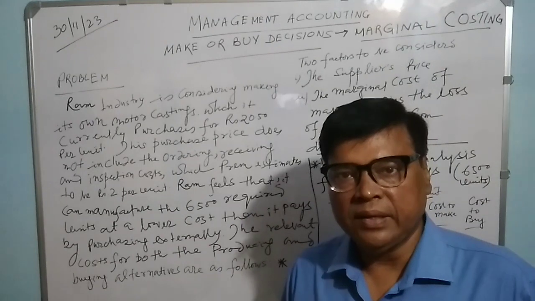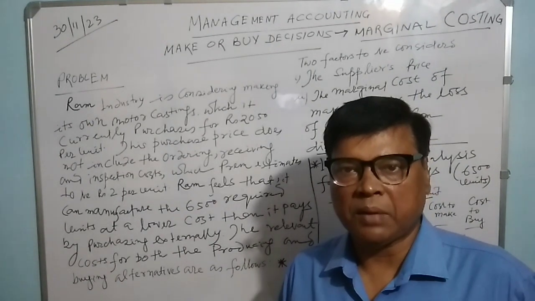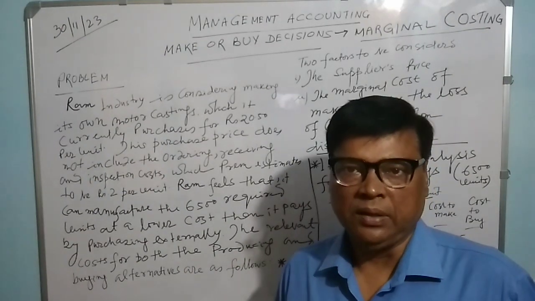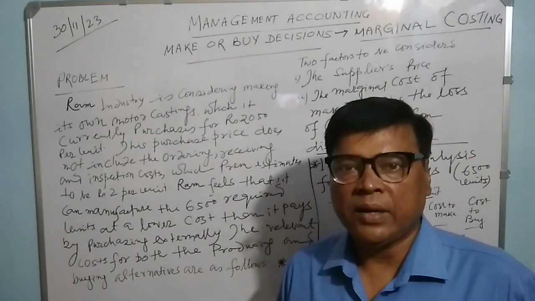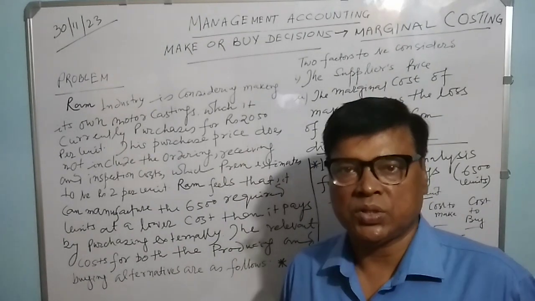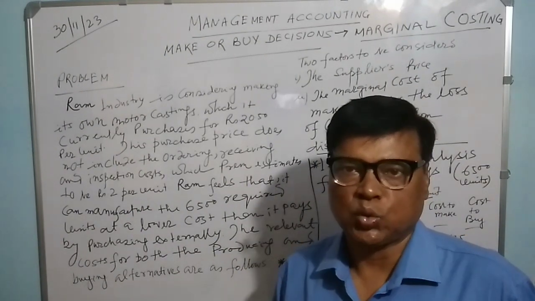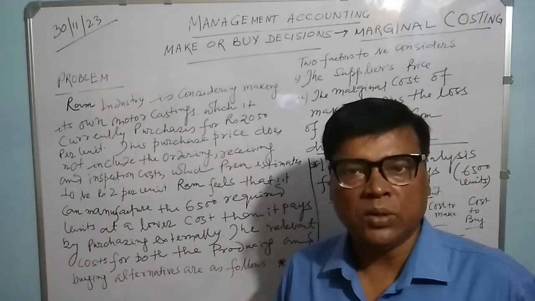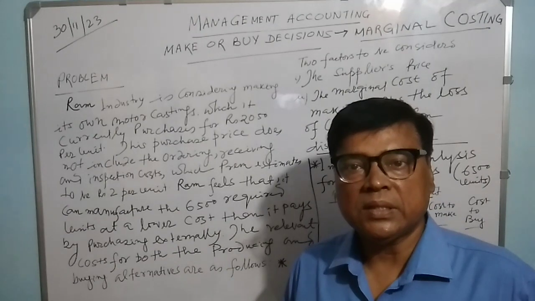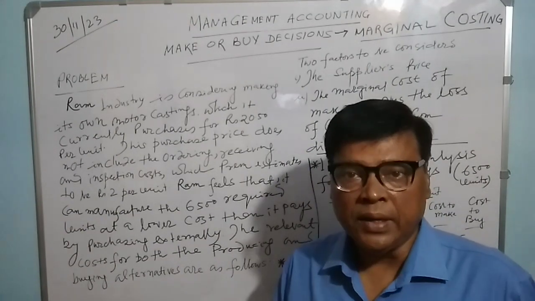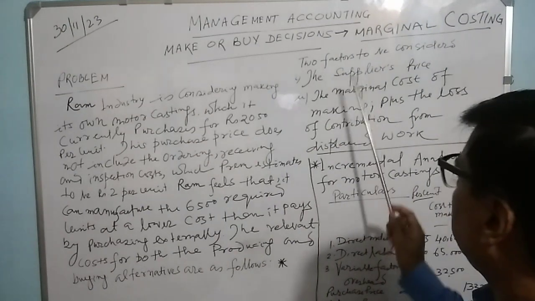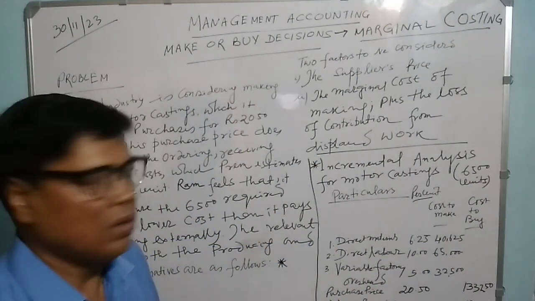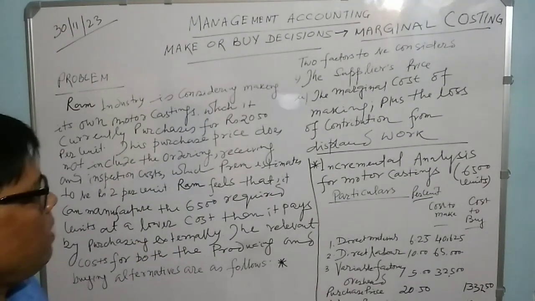Generally, if you require many spare parts, instead of producing them you try to purchase or outsource from another source. In such cases you need not run your own show; you simply purchase and utilize. So what are the factors to be considered?